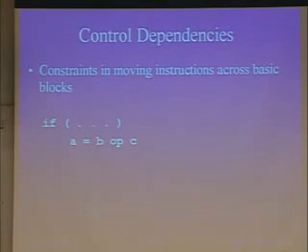Assume I have a condition which reads B and C. Can I move A equals B op C up out of that condition? What do you think? Conditions can't write. I'm saying it's not even reading A, it's only looking at B and C. Can I move it?